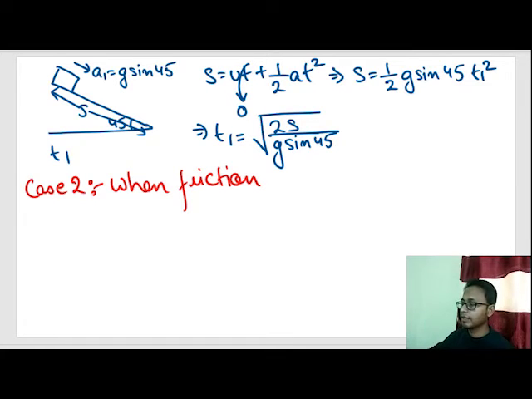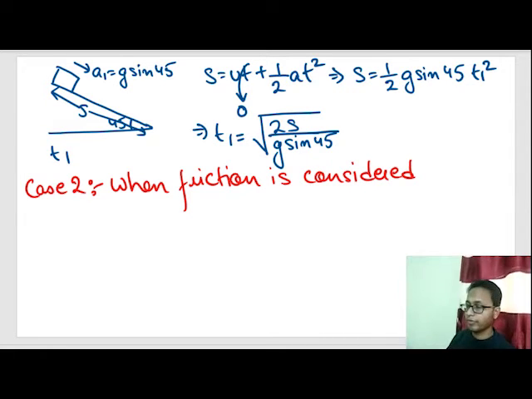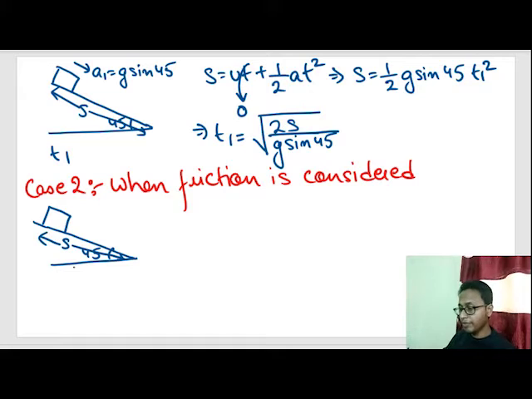The same plane, angle 45, the block is kept here and it slides down the same distance s but with time t2, and in the question, this time t2 was twice the amount of time taken, t1.